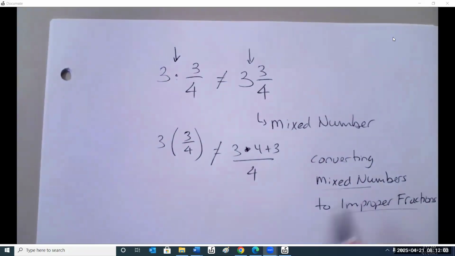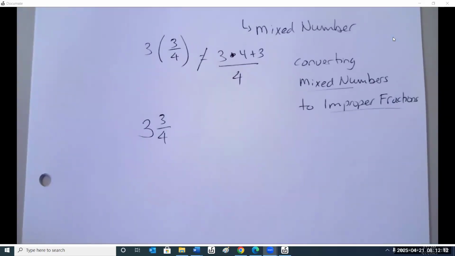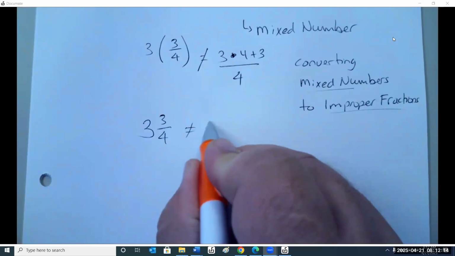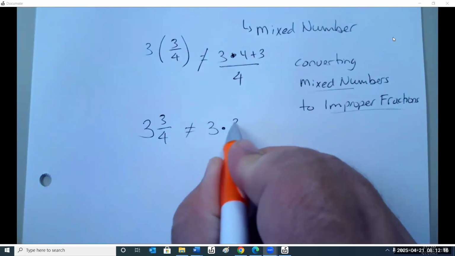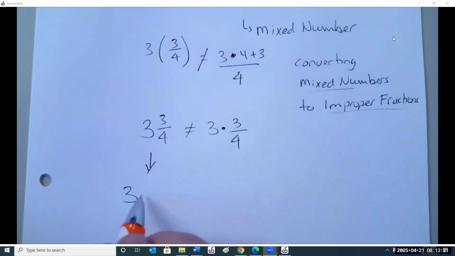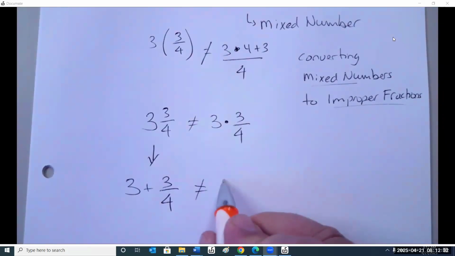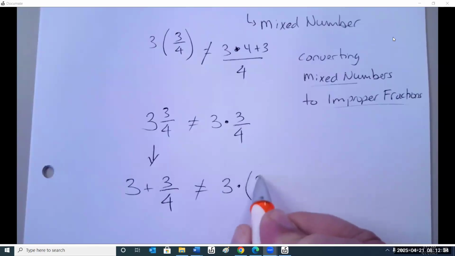Mixed numbers have a coefficient. And then this is not the same as 3 times 3/4. This one is actually 3 plus 3/4. Which is not the same as 3 times 3/4.